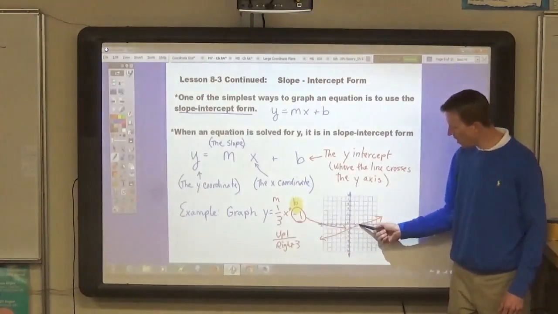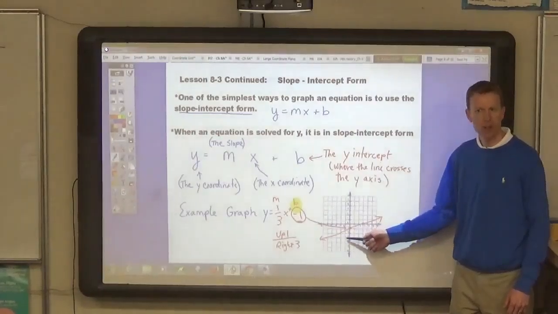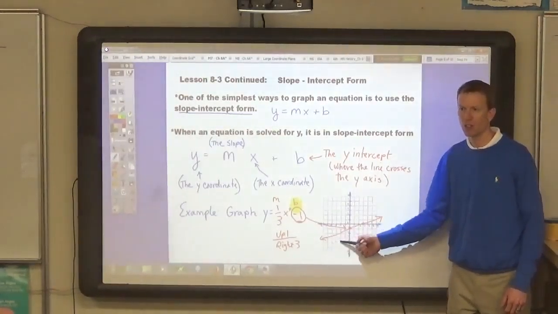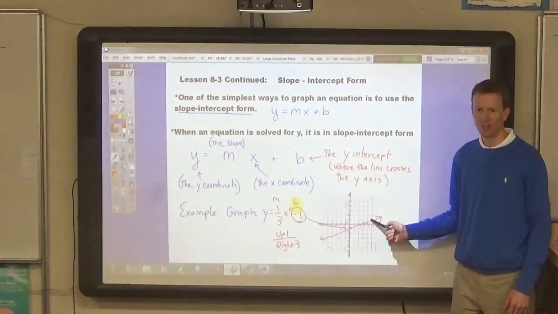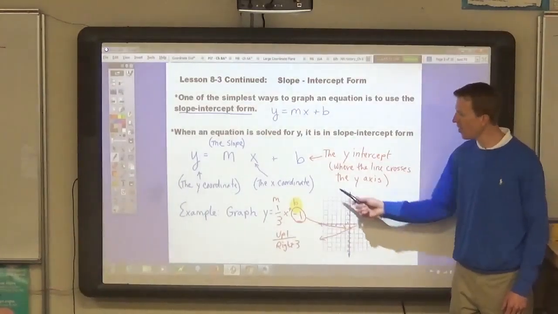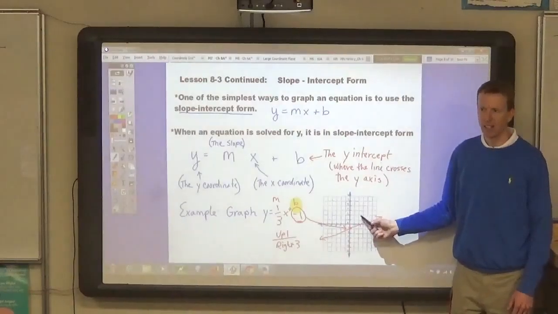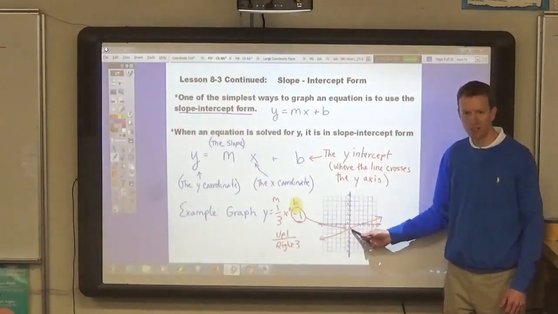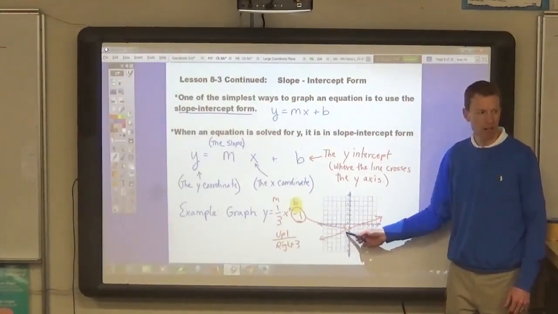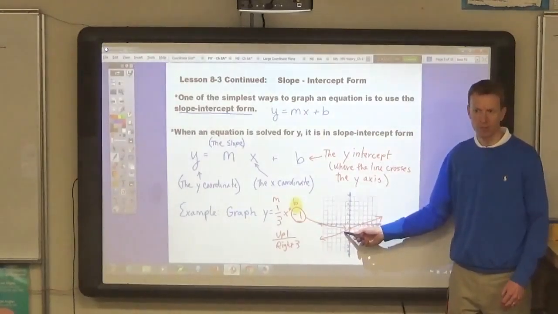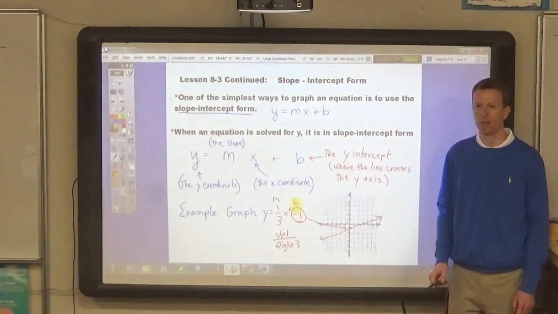So it goes up 1 over 3. And if you have 2 points that are marked, you can draw the line. Okay? That's how you use this equation to graph a line, is to mark the y-intercept and then mark the slope, or mark the point using the slope.